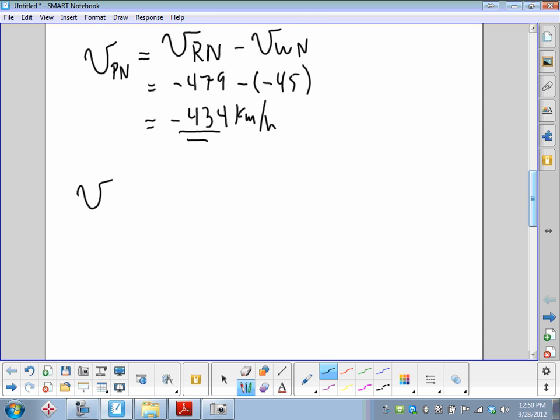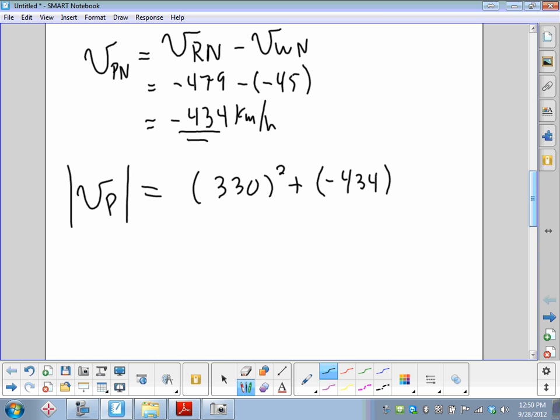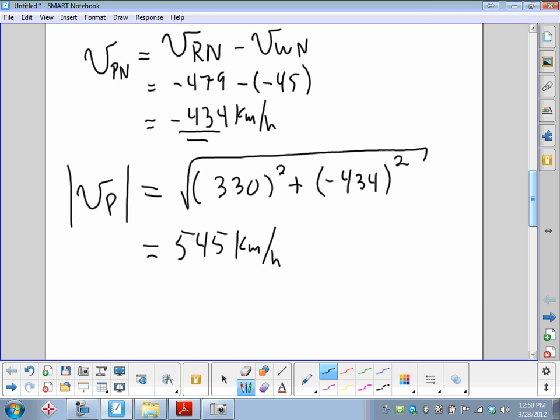Put it all together. Velocity of the plane is going to be 330 squared added to negative 434 squared. Of course, everything's going to be positive, and square rooted. And that comes out to 545 kilometers an hour. So if we see a speedometer on that plane, it's got to be going 545 kilometers an hour.